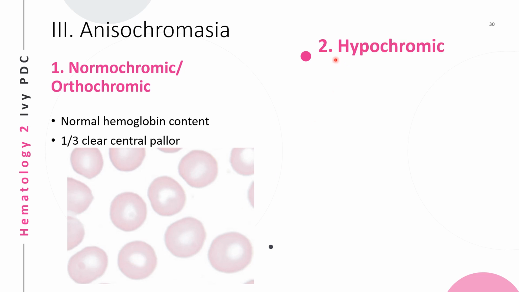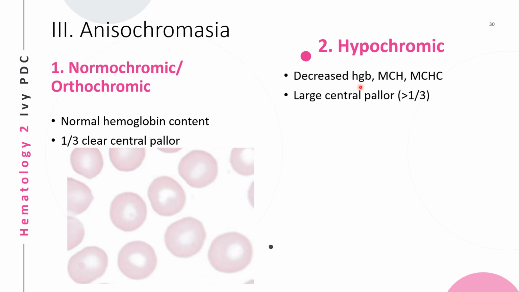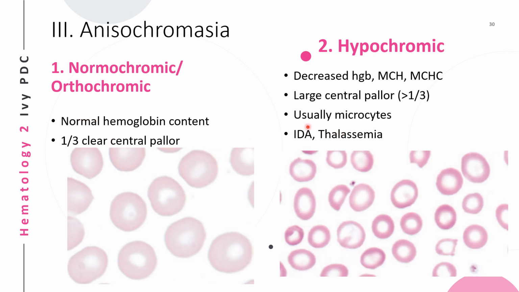The next type of cell is a hypochromic cell. These have a decreased amount of hemoglobin, a decreased result for MCH and MCHC. The central pallor is large, with more than 1/3. Remember, a normal one should only have 1/3 clear central pallor. Usually, these would also be microcytes seen in IDA and thalassemia.